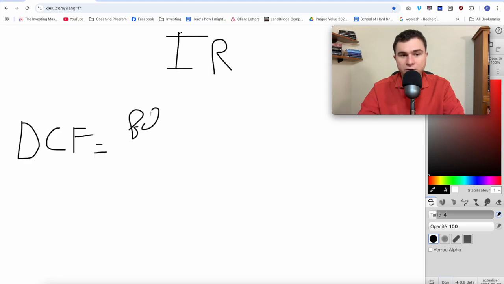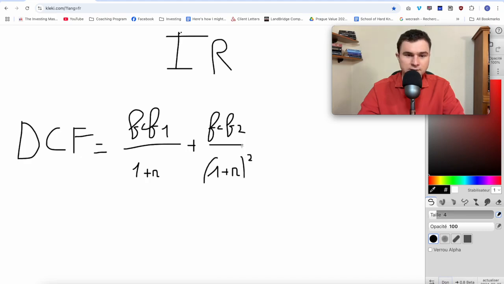You do the sum of the free cash flow of the business: free cash flow year 1, free cash flow year 2, and you divide this stuff by the interest rates, like 1 plus R, which is the interest rates. 1 plus R, and this is for year 2, so you do square, and then you continue: free cash flow year 3 divided by 1 plus R cubed here, and you continue like this.